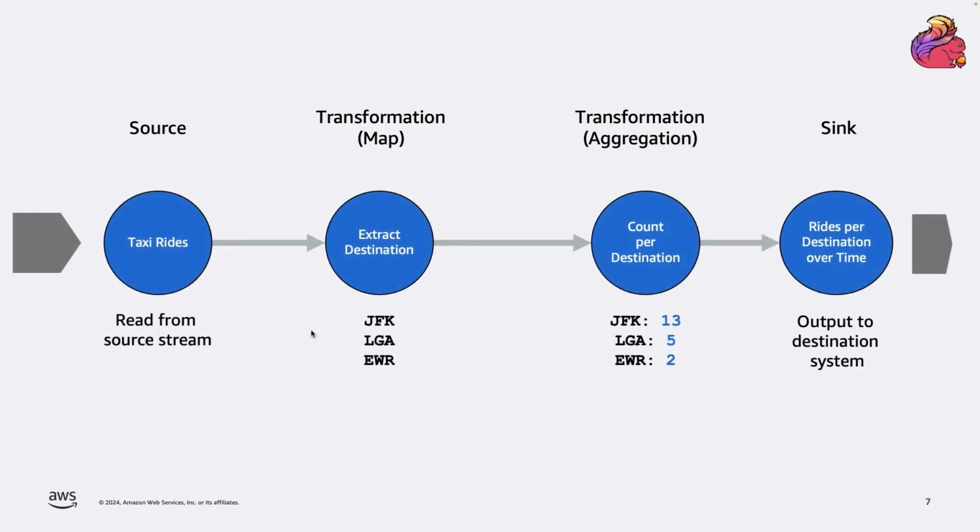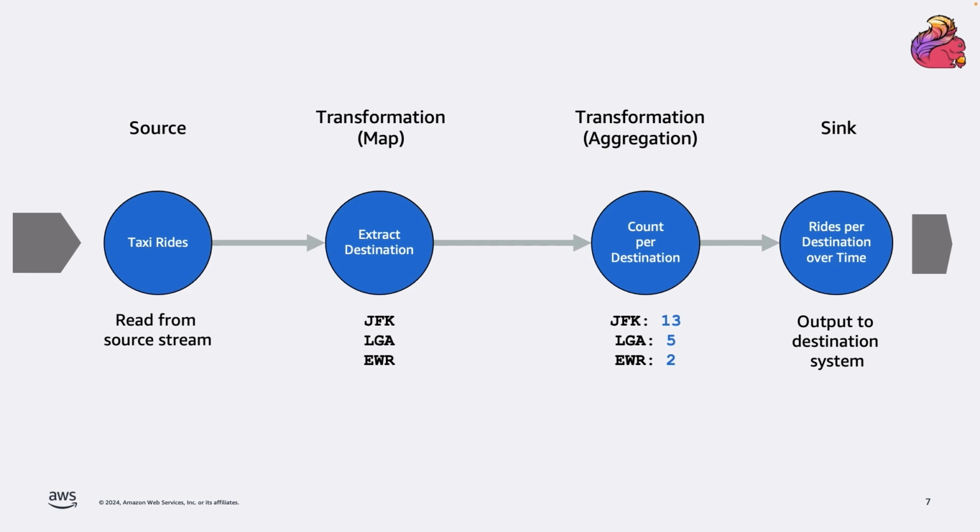On this screen, we see the anatomy of an Apache Flink application. Every Apache Flink application will look something like this, containing a source on the left-hand side, which receives data from an external system. We also have a series of different transformations.